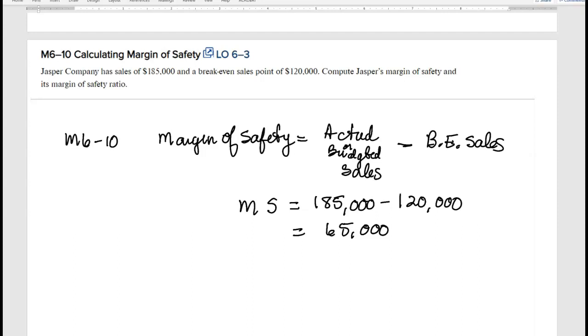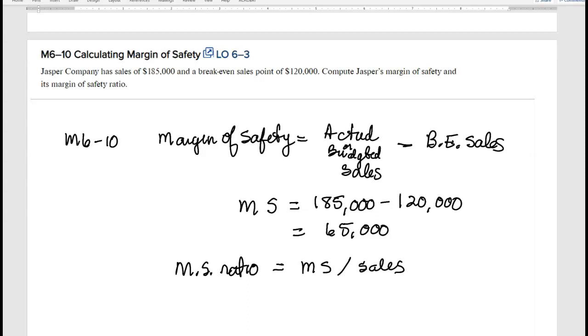What might be more useful is the margin of safety ratio. So the margin of safety ratio is equal to the margin of safety divided by the sales.